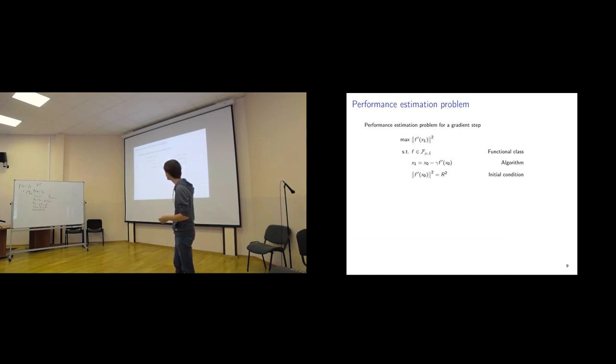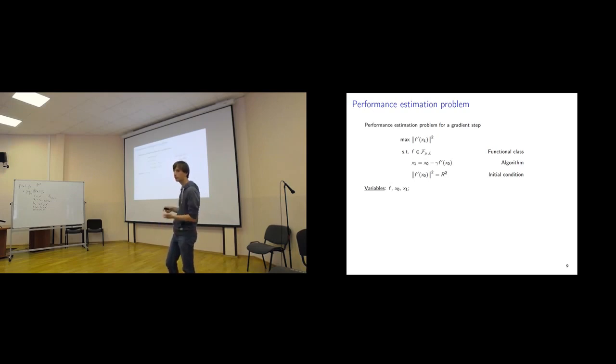I will choose the fact that my initial gradient norm is equal to some constant. So first, what are the variables? The function f, since I will be looking for the worst possible function, and the iterates x0 and x1.